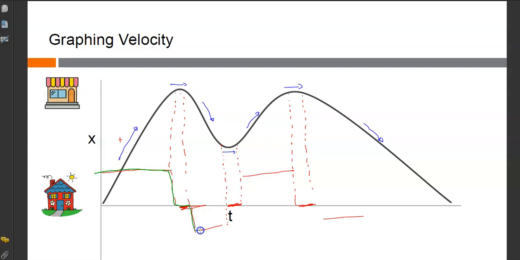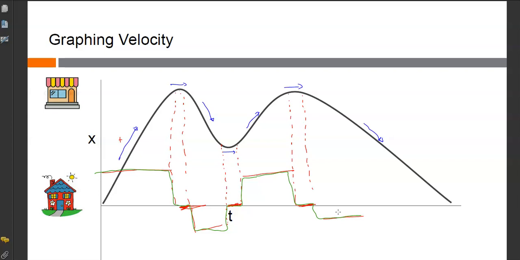It goes negative. Then he heads back, so that's a negative velocity. He stops, has 0 velocity while he thinks about it. You get the idea, right? So that green line is a graph of his velocity, and I can just read the value off of that and see what that looks like.